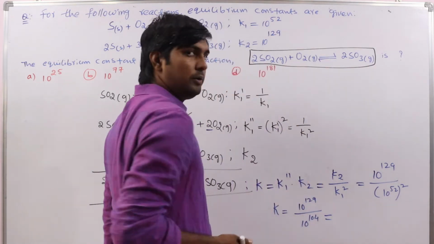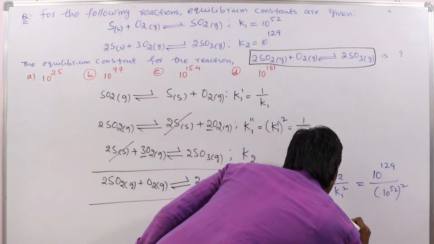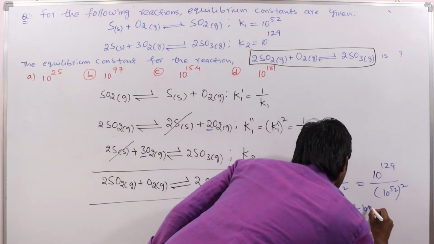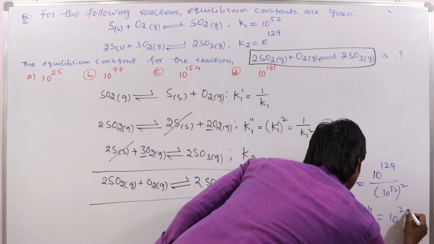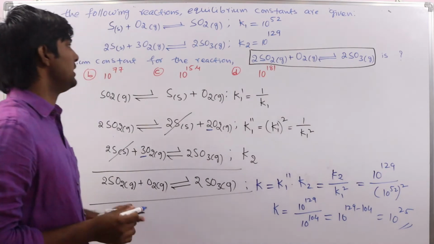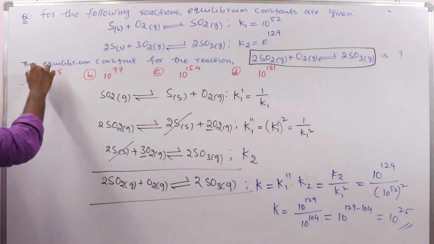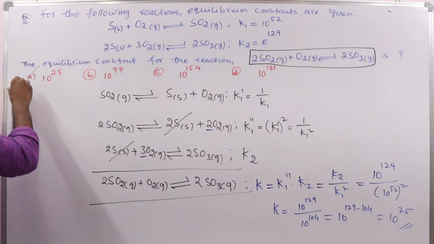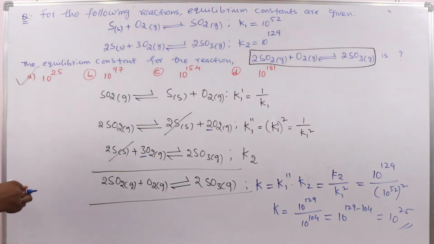Taking it into the numerator, that is 10 power 129 minus 104, so we get 10 power 25 as the answer. So option A is the answer here.